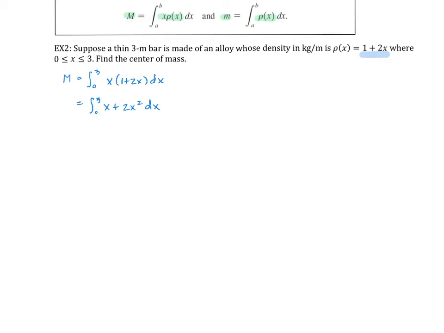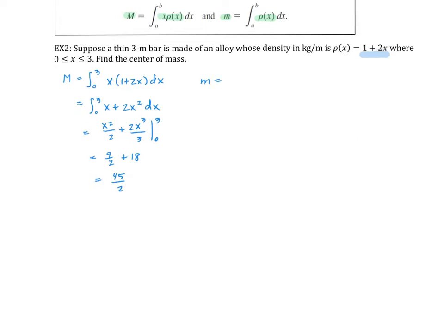My integral is going to simply be x squared over 2 plus 2x to the third over 3, evaluated from 0 to 3. And when I evaluate that, I get 9 over 2 plus 18. And that would be, what, 45 over 2? Or you could write it as a decimal.